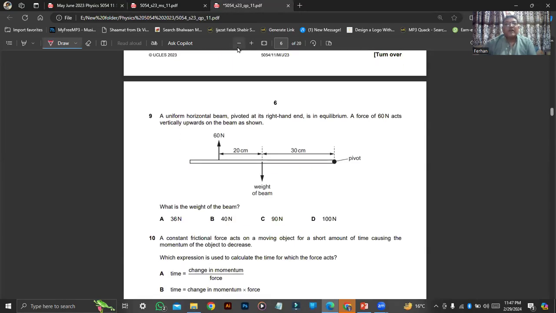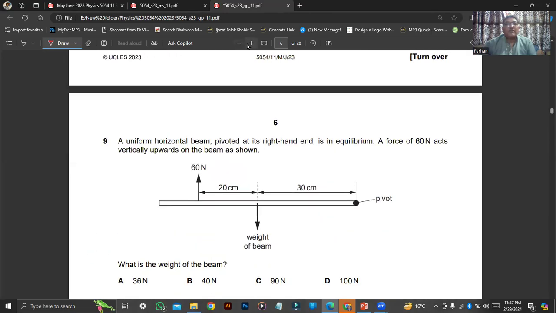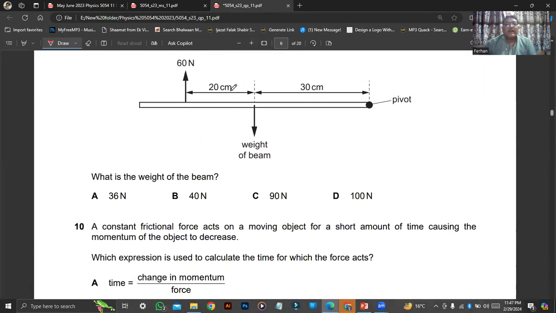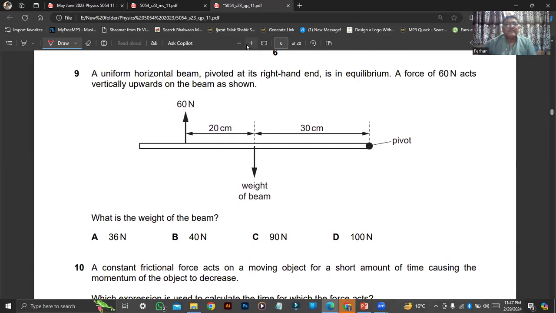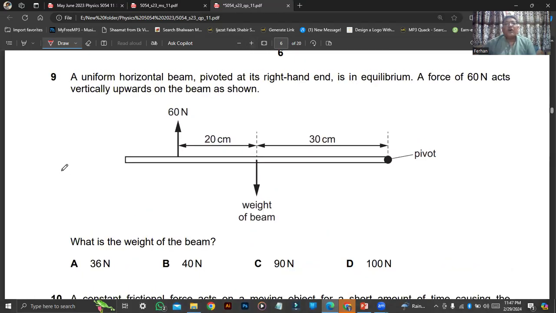The next question coming up on your screen is question number 9. It says, a uniform horizontal beam pivoted at its right hand end. So here is the pivot, and this is the beam, which is in equilibrium. A force of 60 Newton acts vertically upwards on the beam as shown.